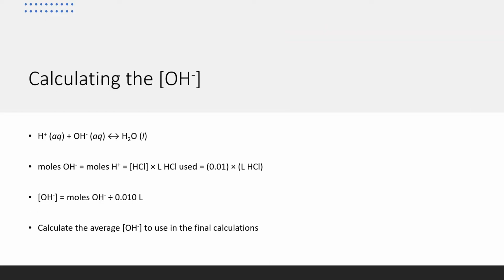Now that we have obtained our experimental values, we can use them to calculate the solubility product constant. First, we need to use our values to find the concentration of OH minus ions in solution. Remember that the moles of H plus ions used in the titration is equivalent to the moles of the OH minus ions consumed. Since we used 0.01 molar HCl, the number of moles of H plus used can be found by multiplying our experimental values converted into liters by the molarity, which is 0.01 HCl.